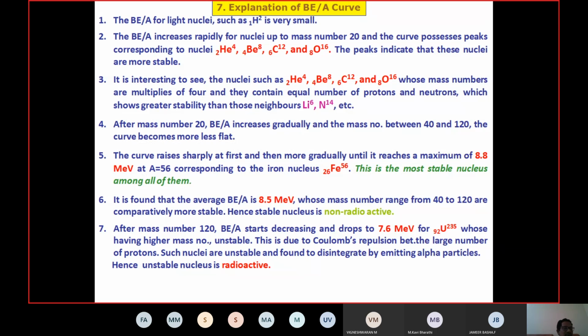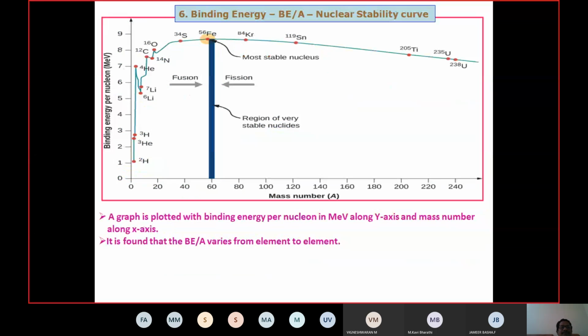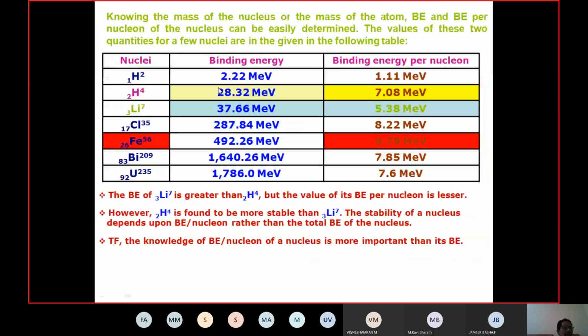Binding energy per nucleon has a low value for both very light and very heavy nuclei, for example, helium and uranium. In the table, we see that helium has a low value of binding energy per nucleon, and uranium a high value.